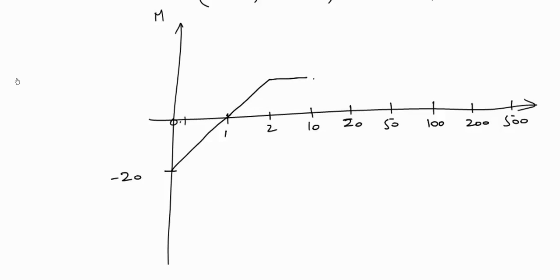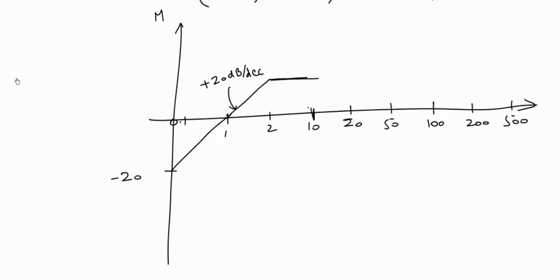So this will become a straight line because here I had a slope of plus 20 dB per decade, and when I add a pole here it will become 0 dB per decade. Then at 10 what do we have? It is quite clear that it is 0 dB per decade.